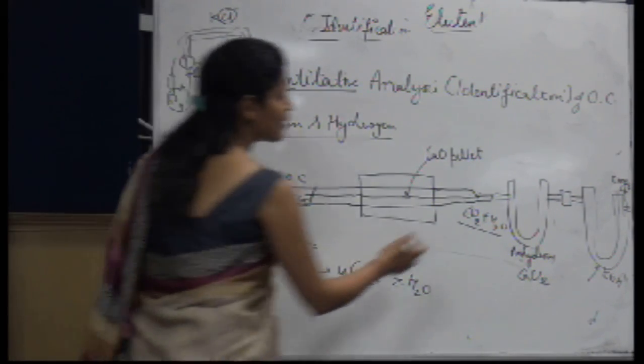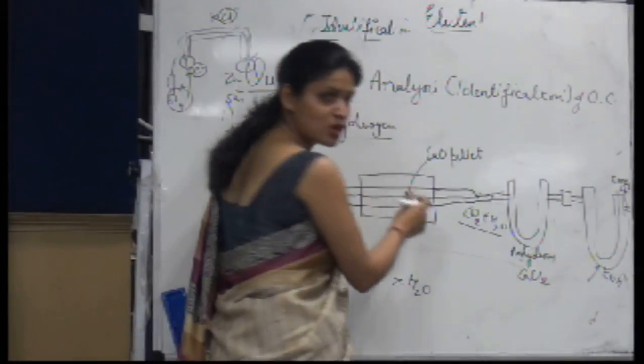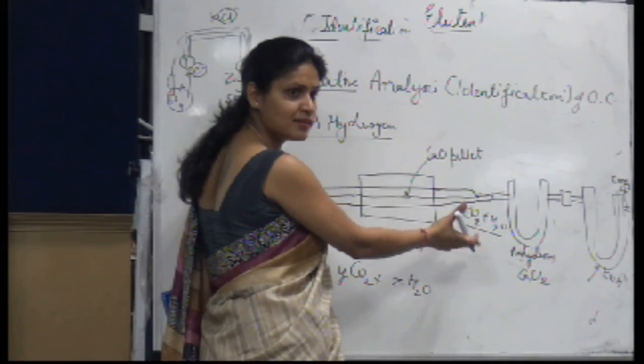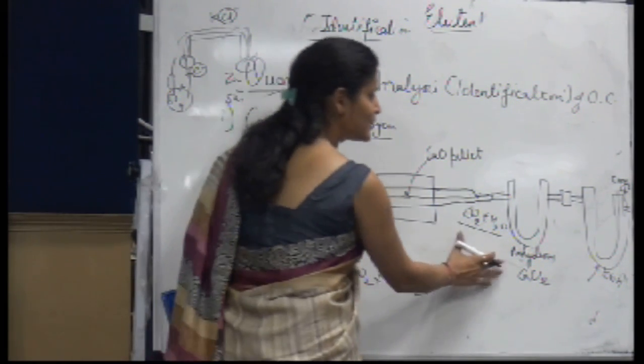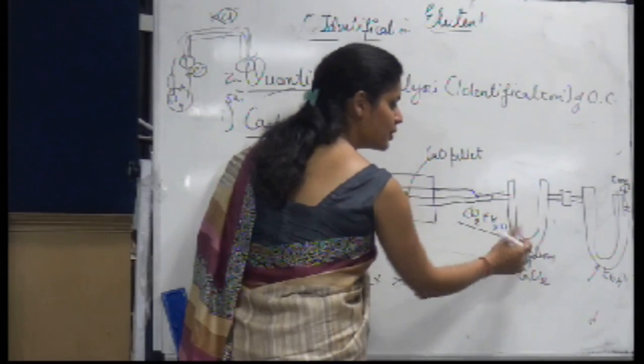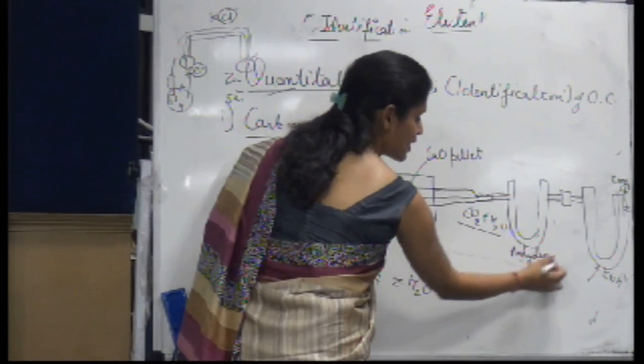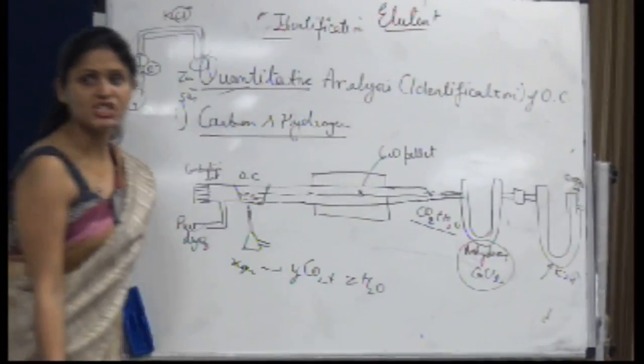For this I'll take this exhaust of gases, the gases coming out, carbon dioxide and water vapors. I'll put a U tube after this exhaust containing anhydrous calcium chloride.